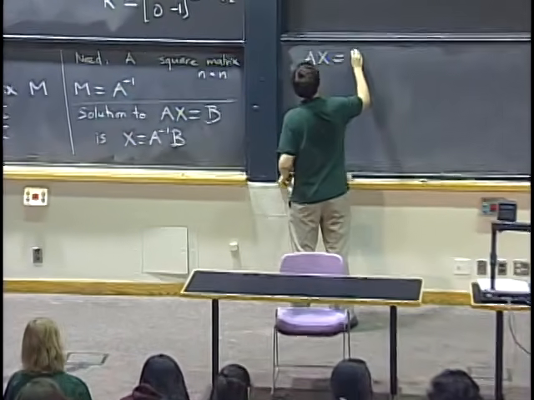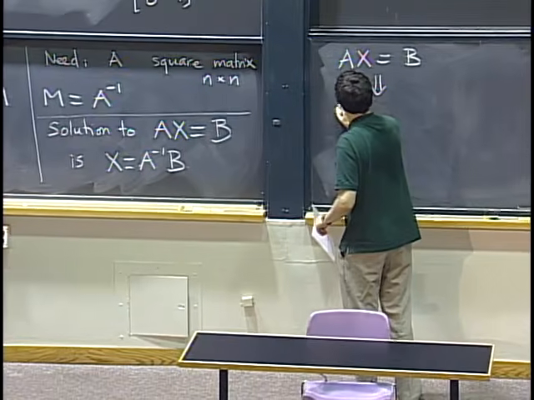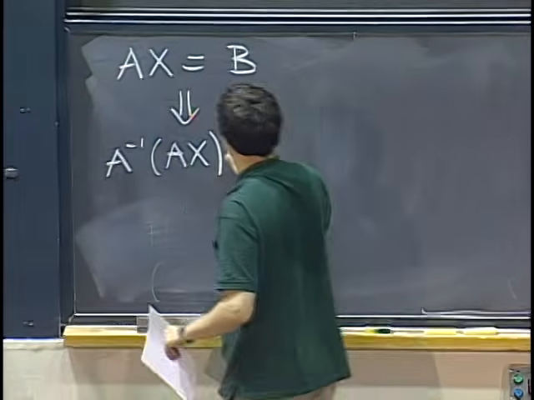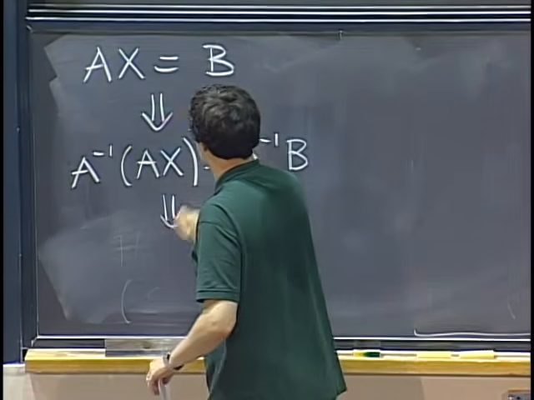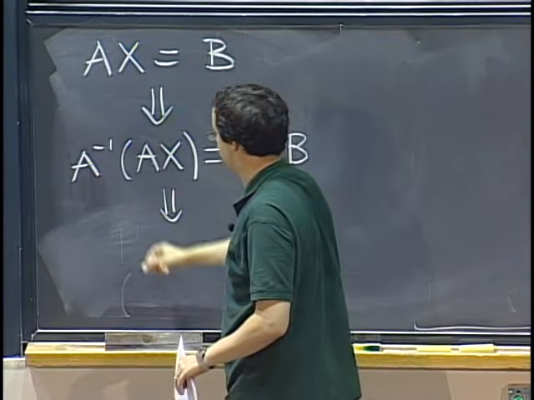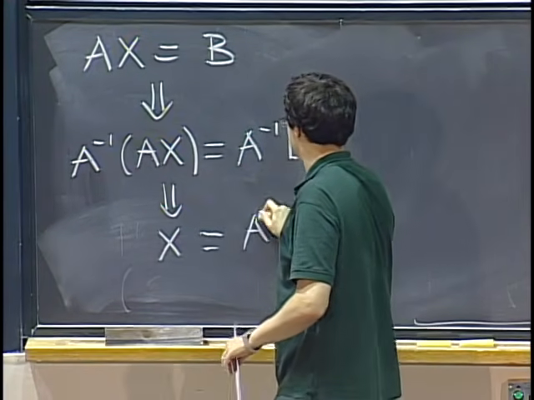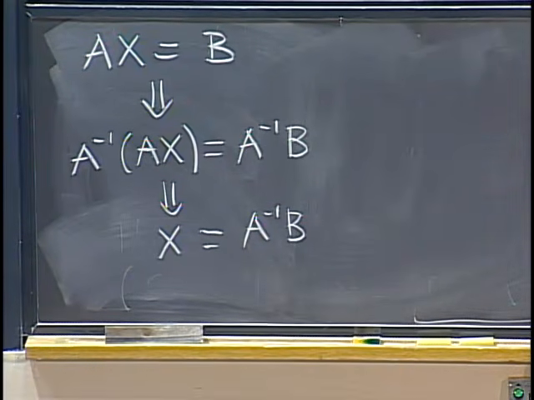I'm saying if AX equals B, then let's multiply both sides by A inverse. A inverse times AX is A inverse B. And then A inverse times A is the identity. So I get X equals A inverse B. Okay, that's how I solved my system of equations.